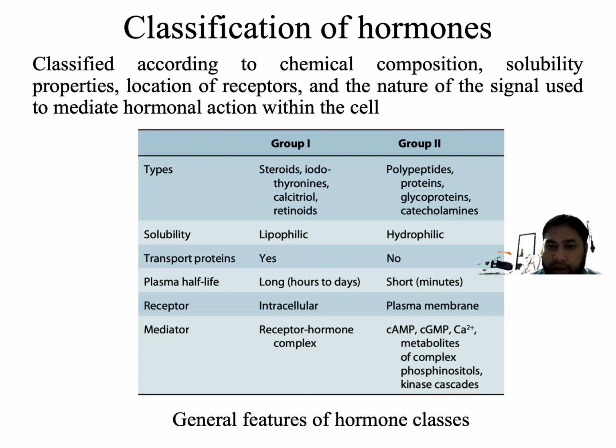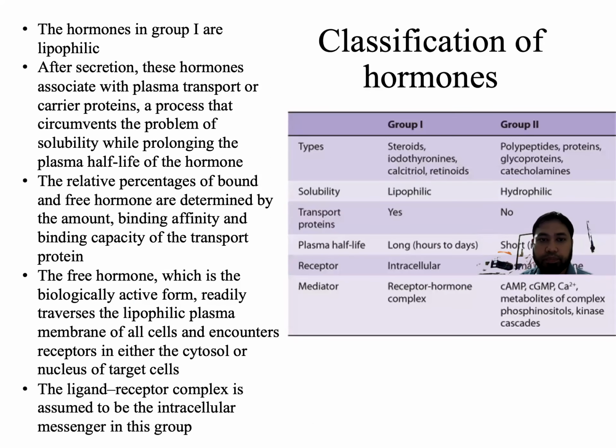In group 1, the steroid-based or lipid-based hormones form a receptor and hormone complex. For group 2, they have signals in the form of cAMP, cGMP, calcium, kinase, and phosphoinositol that I have mentioned earlier, all right? So this box is also important for you to know.